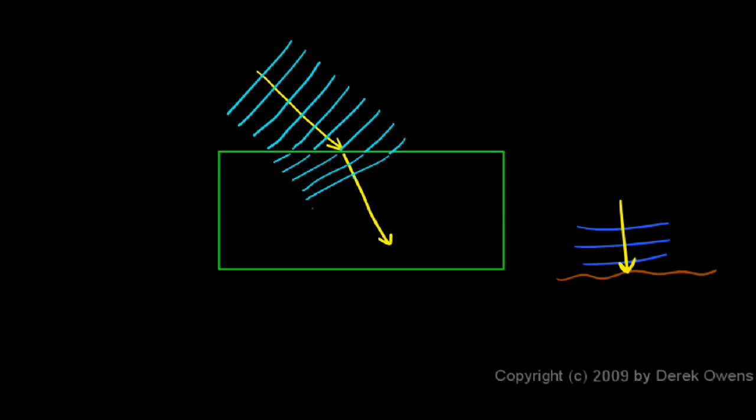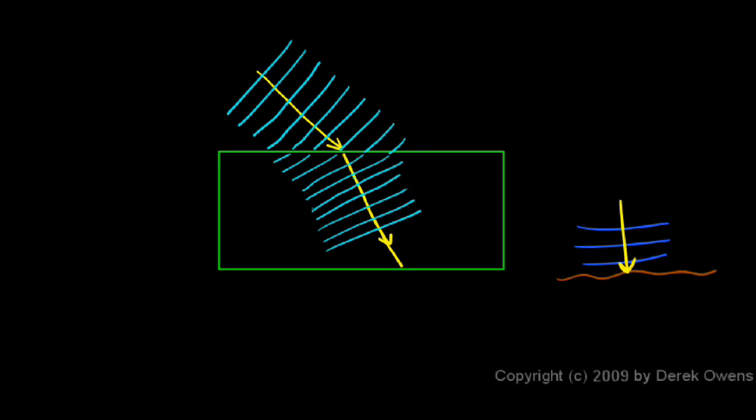And the light ray has bent. So you can picture something moving along, and then this side of it getting snagged here, and this side continuing to move at the same speed. So it ends up bending as it comes into the glass.